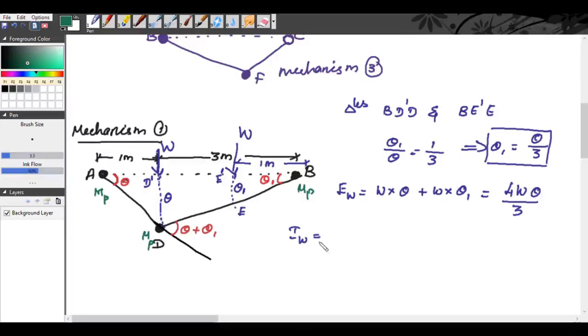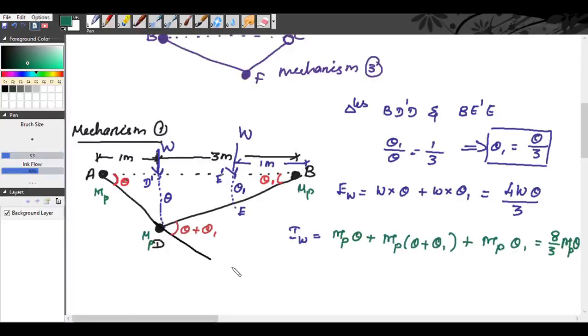What we get is internal work done equal to MP into theta plus MP into theta plus theta 1 plus MP into theta 1. Substituting theta 1 is equal to theta by 3, you get internal work done equal to 8 by 3 MP into theta.